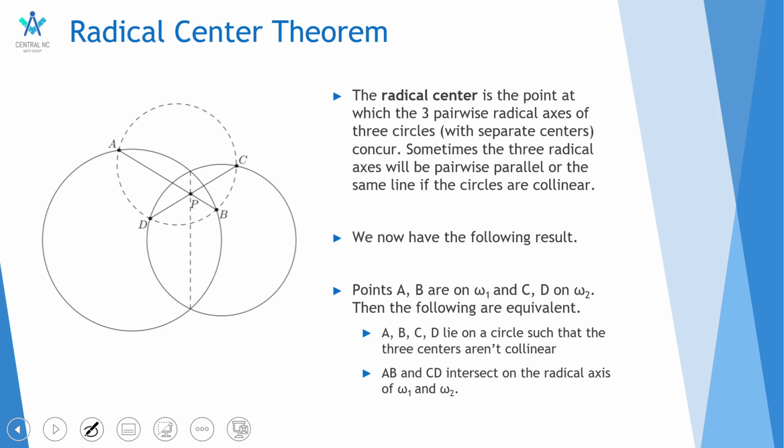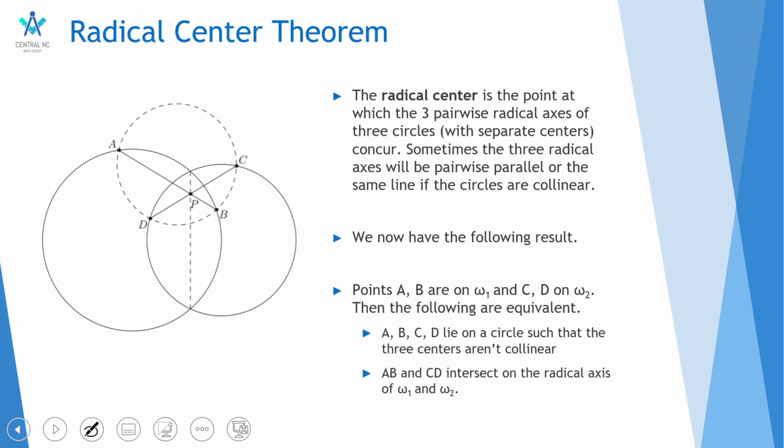Now we can state the radical center theorem. The radical center is a point at which the three pairwise radical axes of three circles concur. Within this diagram, we see three circles, and one of them is dotted, which is supposed to be used for later.